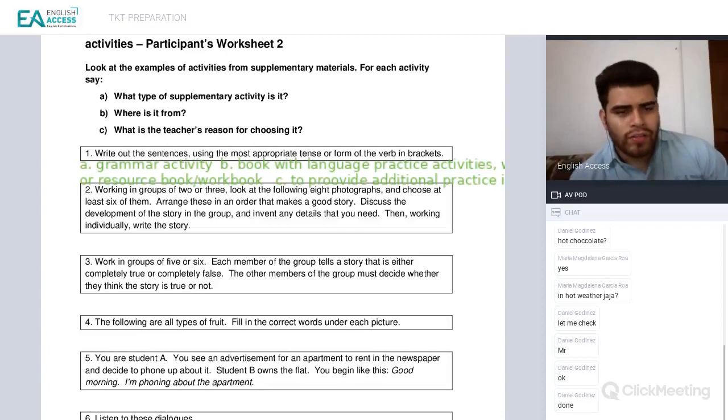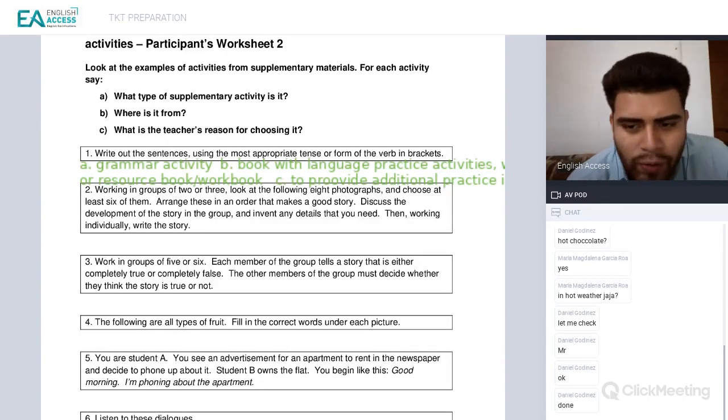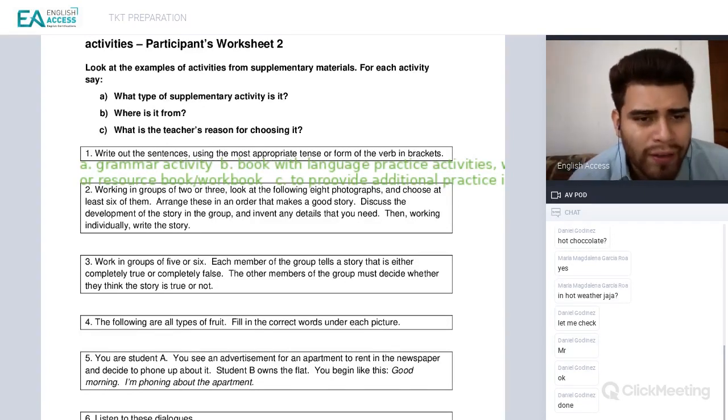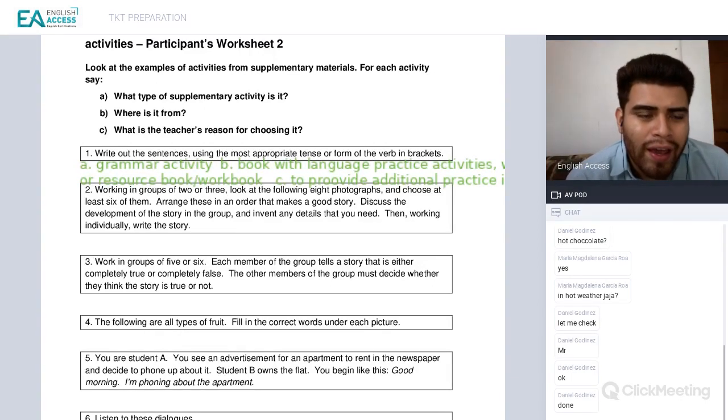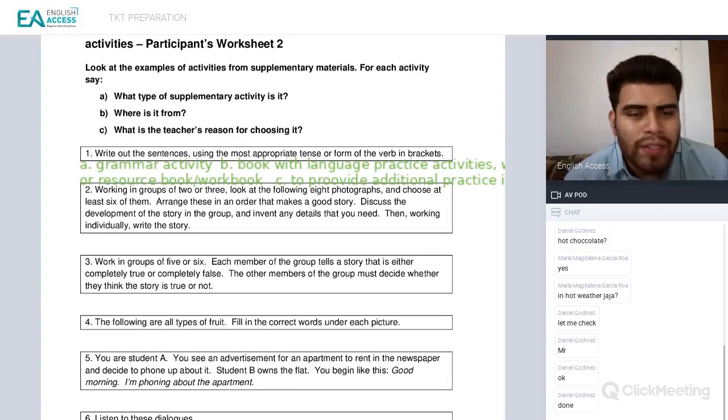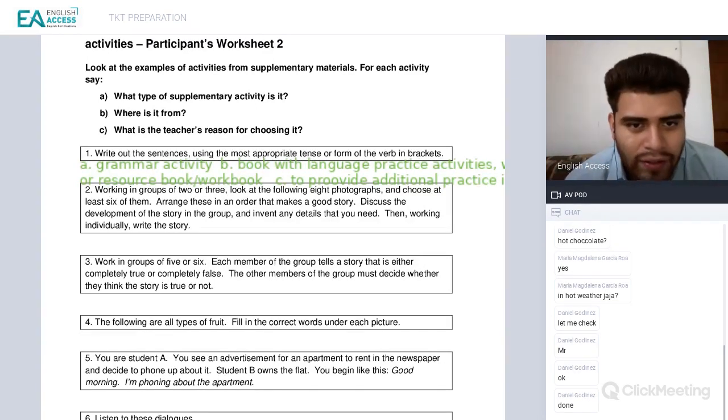All right, so let's examine this again quickly. Write out the sentences using the most appropriate tense or form of the verb in the brackets. A, what type of supplementary activity is it? It is a grammar activity, right? Because we're talking about the tenses and the verb in the brackets. Where is it from?